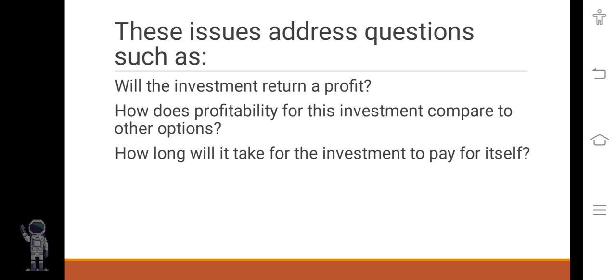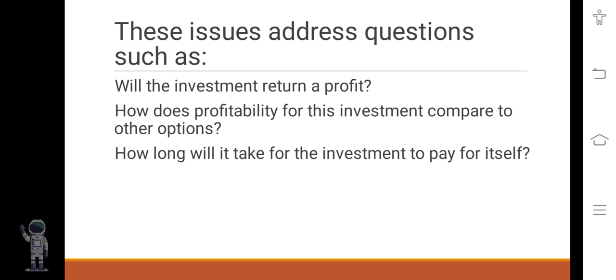So these issues address questions: Will the investment return a profit? How does profitability for this investment compare to the other options? How long will it take for the investment to pay for itself?